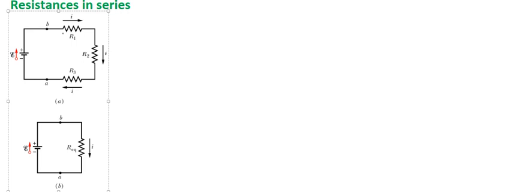We have three resistors here, R1, R2, R3, that are in series, so one after another. They are connected in the same wire, one after another. So that's what series means.